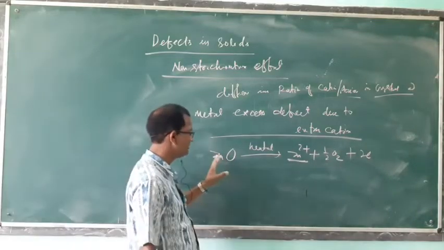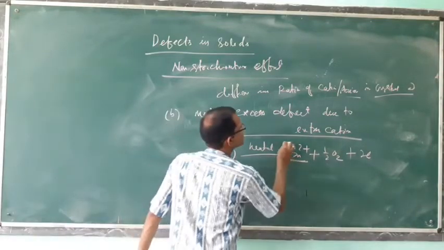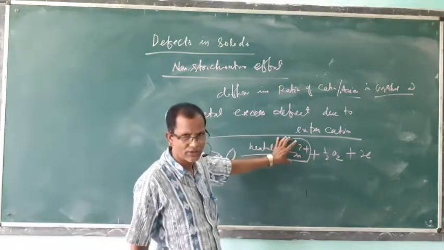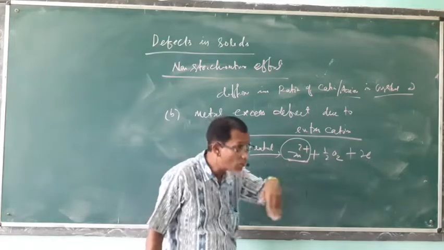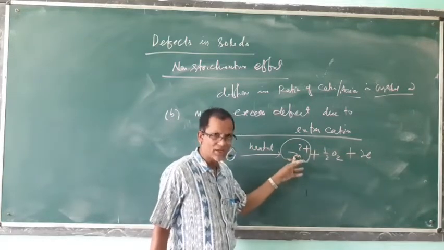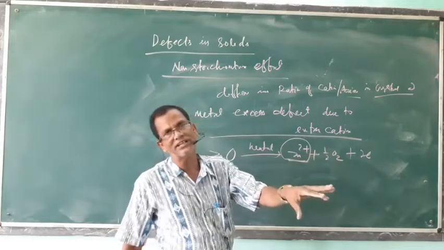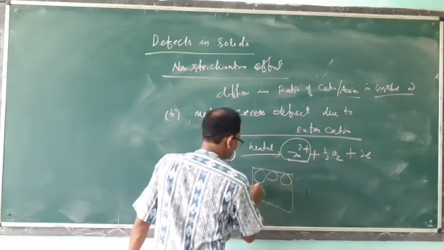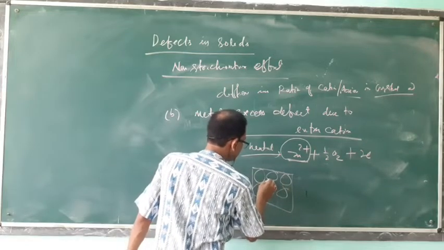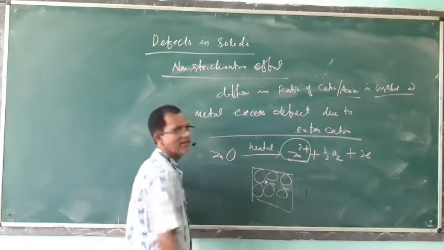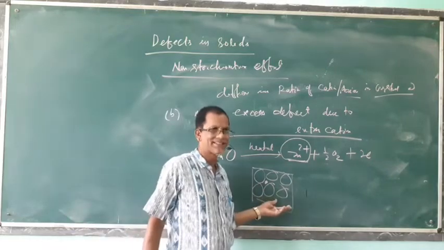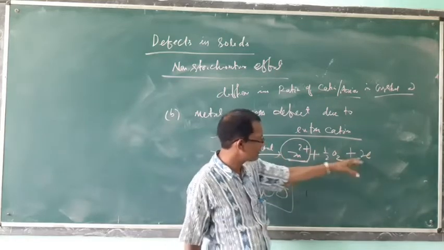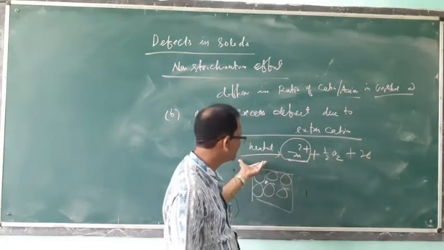So this defect is observed due to the formation of free zinc ions. These free zinc ions, being very small in size, go to the interstitial sites in the voids, and the neighboring lattice site is occupied by electrons. So due to the trapped electron and heating, it shows color.